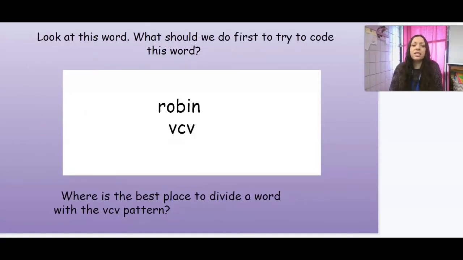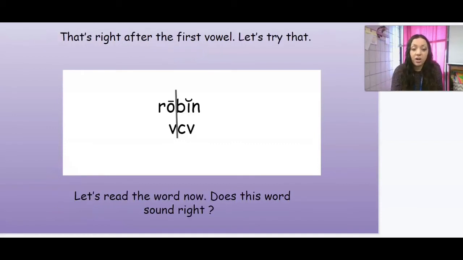All right, so I want you to look at this word. What should we do first to try to code this word? Okay, so I located where my vowels are. I see I have an O and an I, with one consonant in between. Now remember, where is the best place to divide a word with the vowel consonant vowel pattern? We usually divide it after the first vowel.